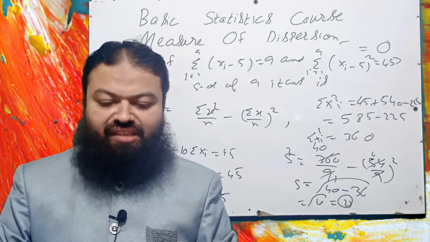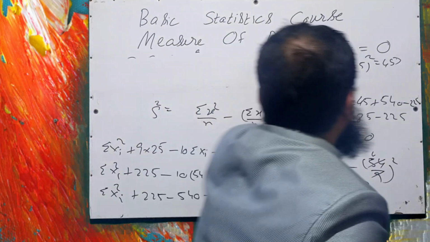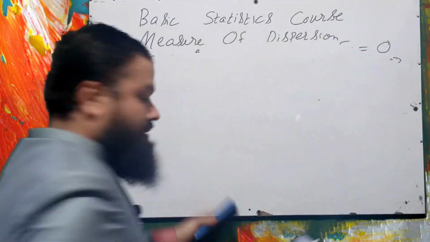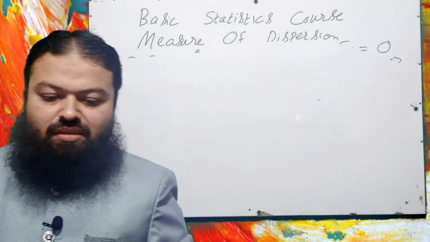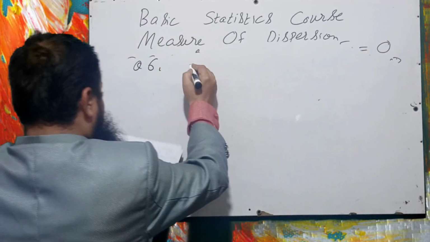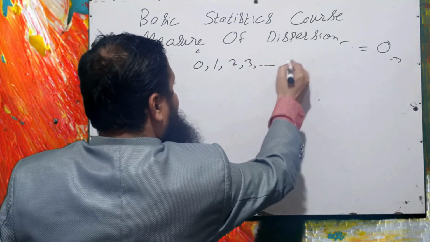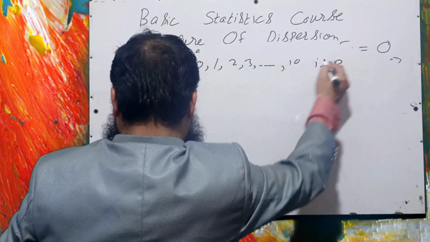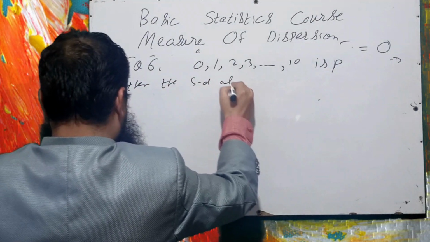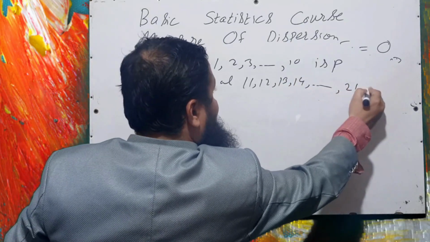Question number 6. If the standard deviation of 0, 1, 2, 3 up to so on 10 is p, then the standard deviation of 11, 12, 13, 14 up to so on 21 is.